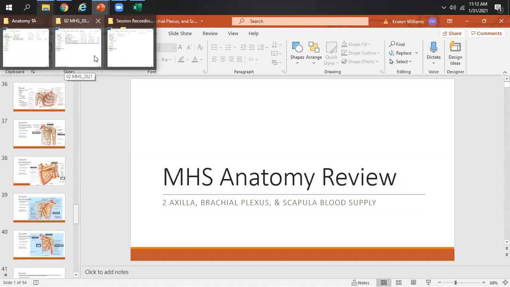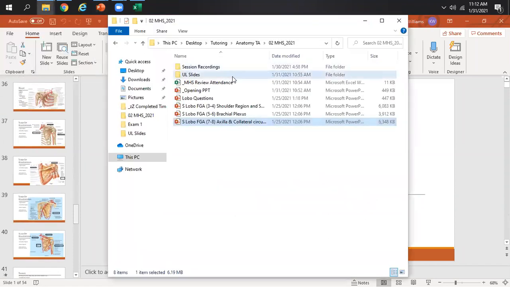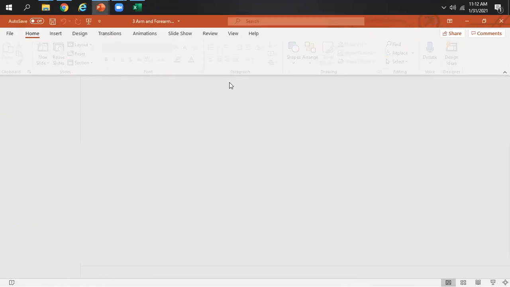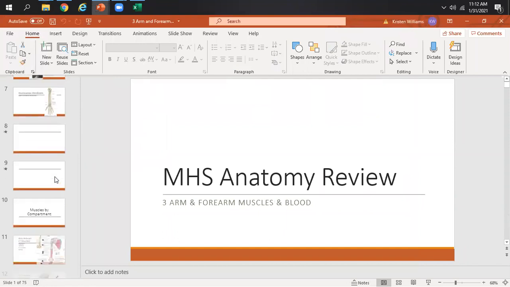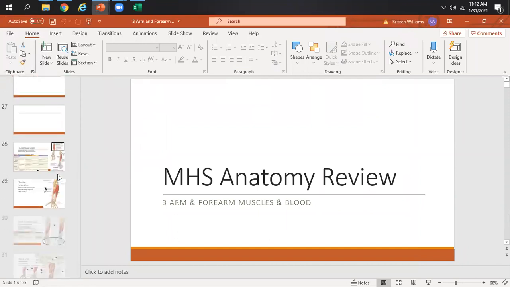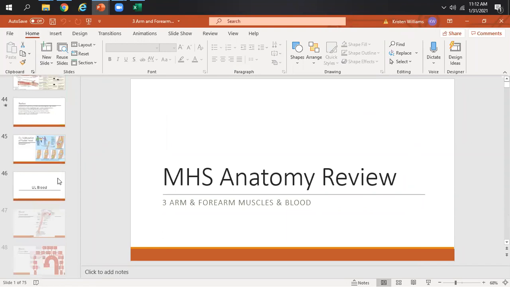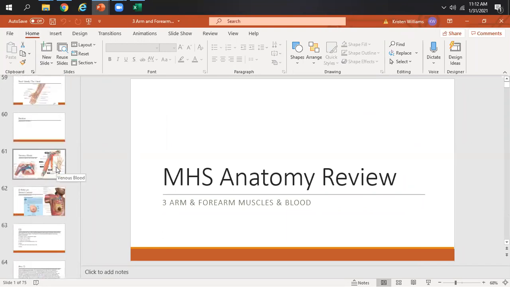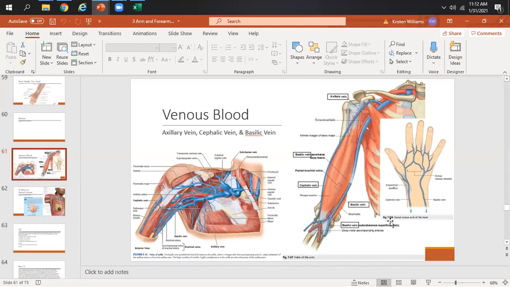Your body is a network of things that are all interconnected. Let's see. Blood. Here we go. That's a little bit better. Okay.